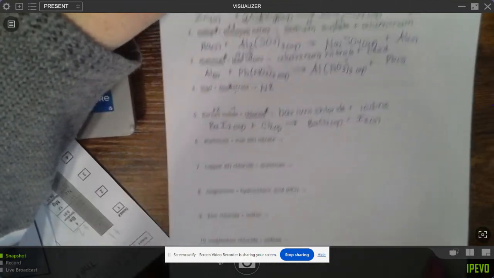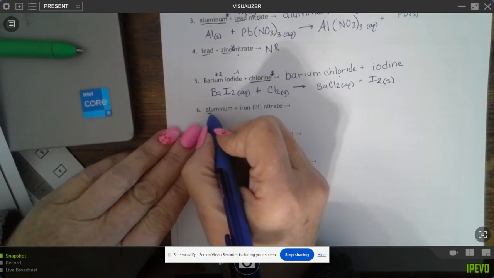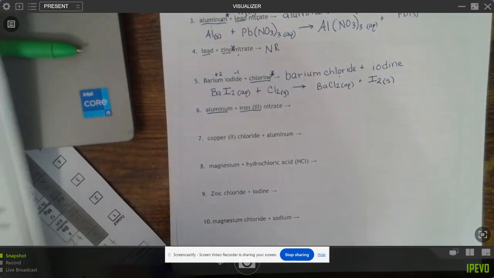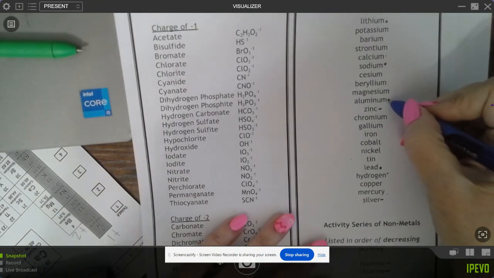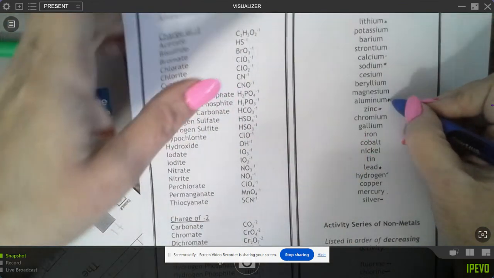All right. Number 6, we have aluminum plus iron nitrate. So we're going to compare aluminum and iron. Aluminum is up here. Iron is down here, so aluminum is more reactive.